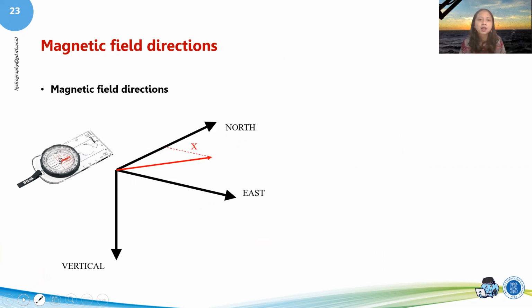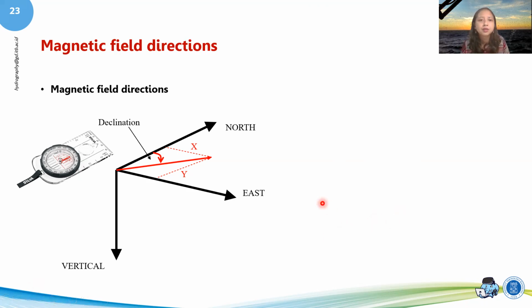We can compute the X and the Y, and the angle, the deviation between the north and the point where the needle is pointing, is called the declination. Maybe it's familiar to you that declination is basically the difference between the true north, or basically the geographic north, and the north that is pointed by the magnet, which is the magnetic north.